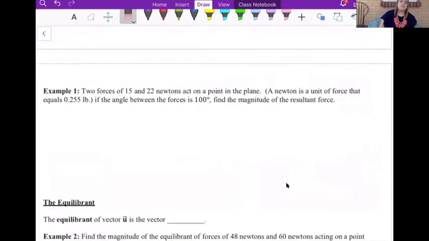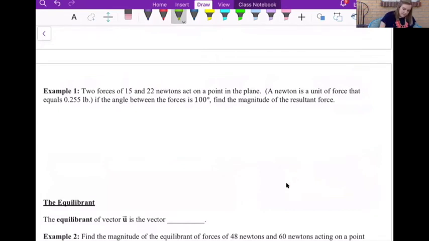We have two forces of 15 and 22 newtons acting on a point in a plane. A newton is just the unit of force. If the angle between the forces is 100 degrees, find the magnitude of the resultant force. Let's first draw out our picture.